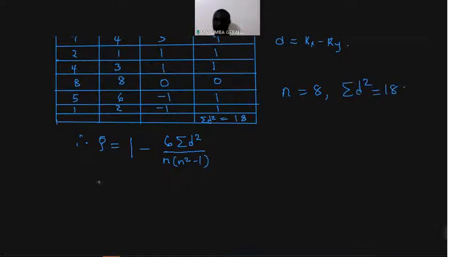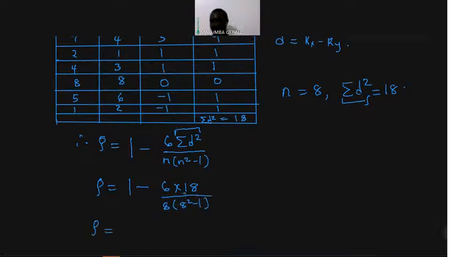So let's substitute. Rho is going to be 1 minus 6 times summation D squared, which is 18, divided by 8 into bracket 8 squared minus 1.